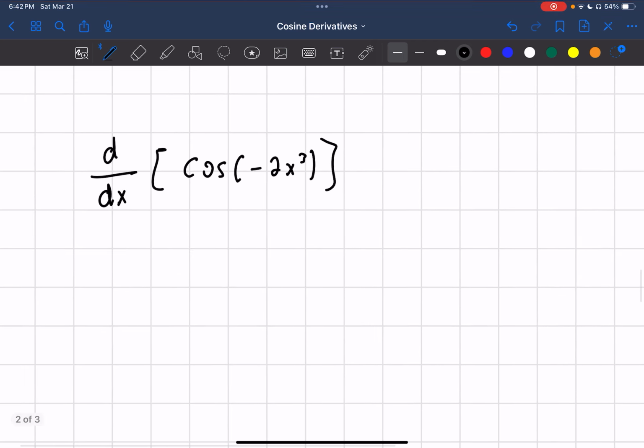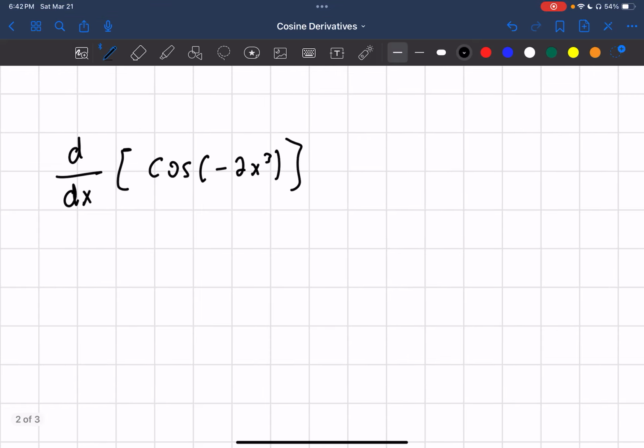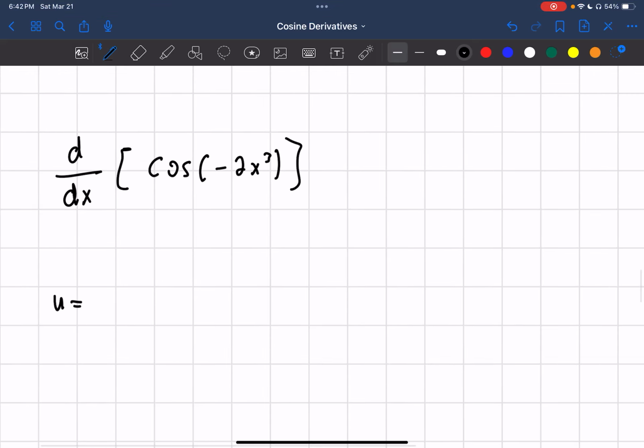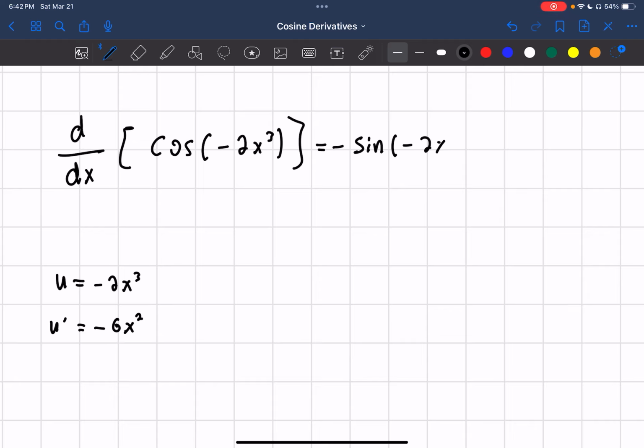In this example, we can see that u is equal to minus 2x to the power of 3. U prime will be minus 6x to the power of 2. So let's apply the formula. So minus sine, keep everything on the inside, minus 2x to the power of 3, times u prime.